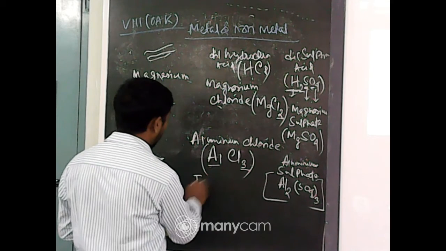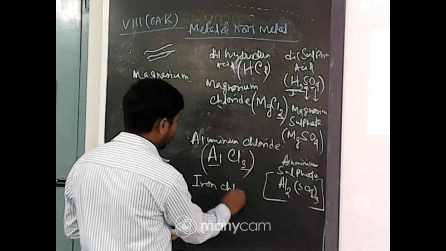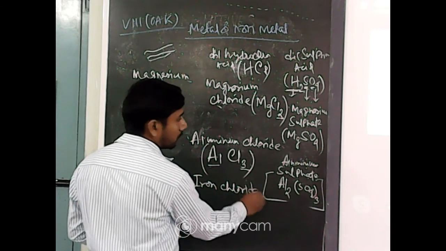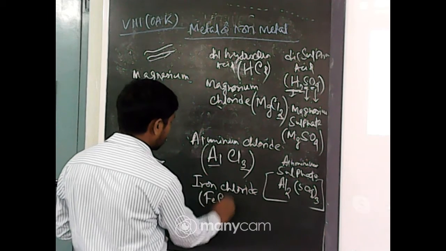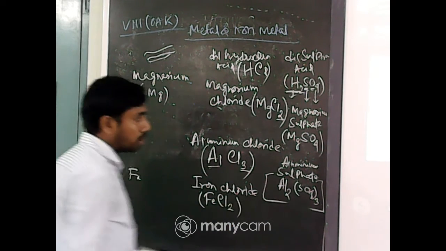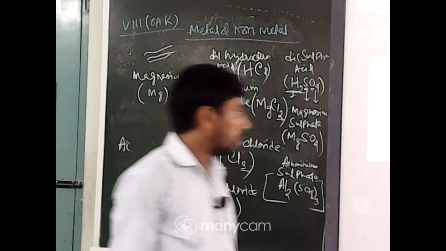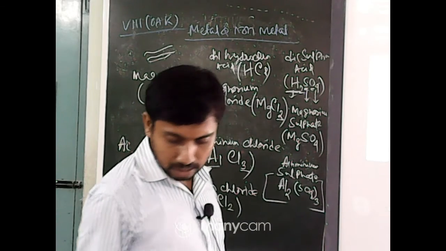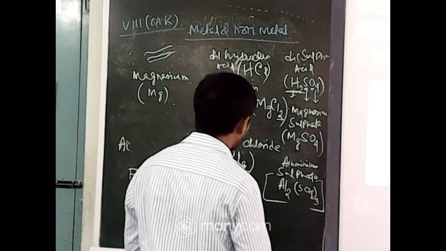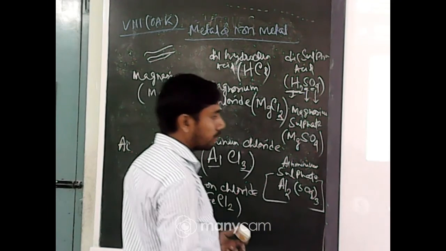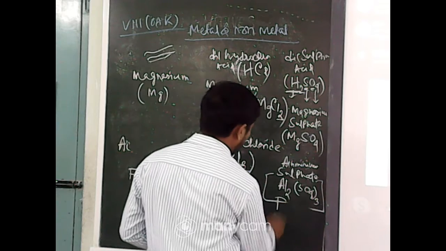then it will produce FeCl2 or iron chloride, FeCl2. Okay, next, what will happen when it reacts with sulfuric acid? Iron sulfate.